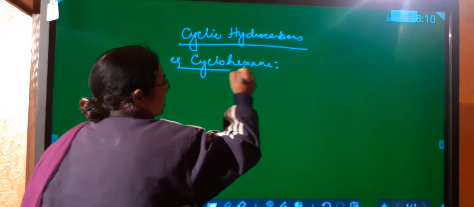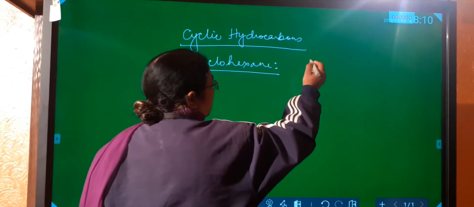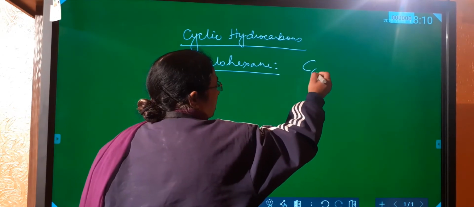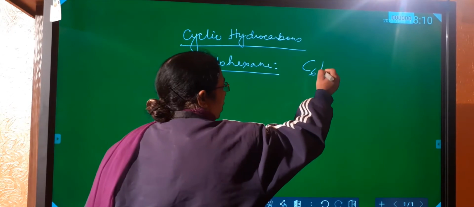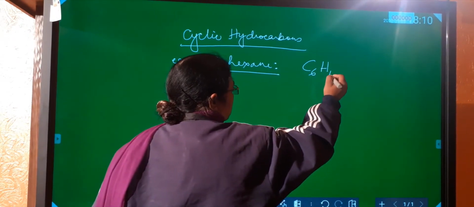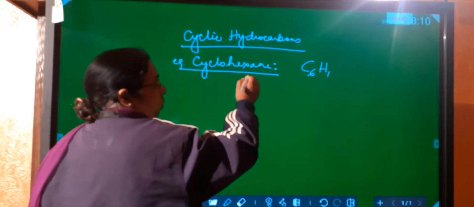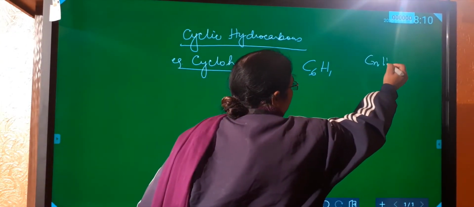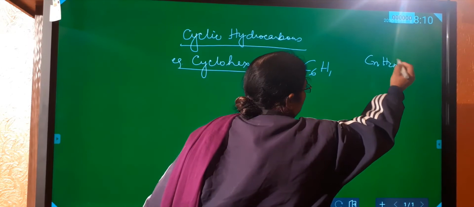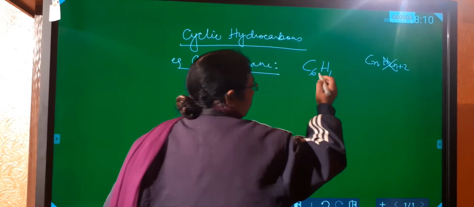Now since this is hexane, that means there is a single bond over here. So let us see the formula. Since this is cyclo, this will not follow the formula CnH2n+2. This formula will not be followed over here.